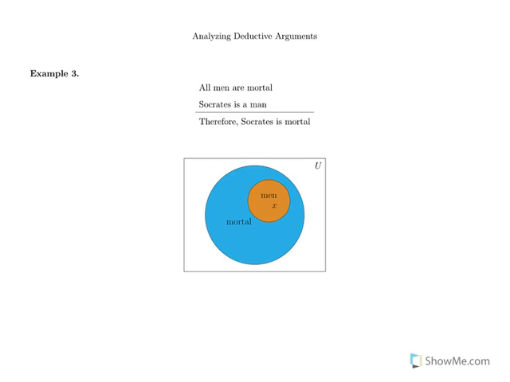We're saying if we have men, then they are mortal. If A, then B. Then we're saying Socrates is a man. So we're saying that Socrates is A.